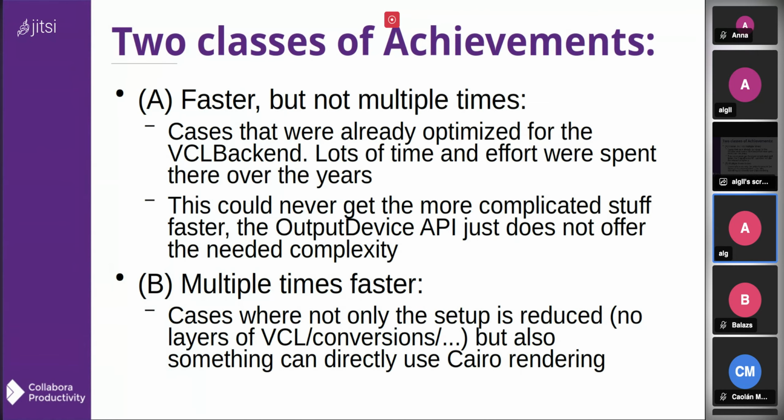And since the whole office is implemented against the output device API, it will not get there without a lot of work. Practically undoable. So cases multiple times faster. So cases where not only the setup is reduced, but also something can directly use Cairo rendering. And that's, for example, you just have seen, for example, the gradients.